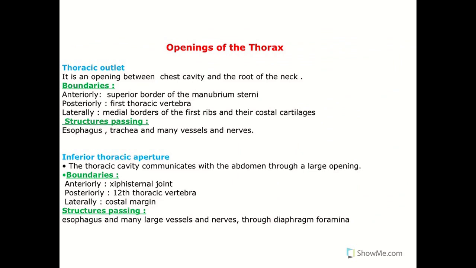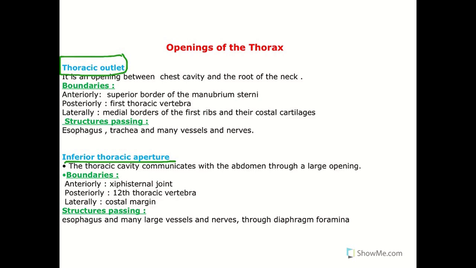The superior opening is a very important anatomical landmark. The thoracic outlet is the opening of the chest between the chest and the root of the neck, and the inferior thoracic aperture is the opening or the meeting point between the thorax and the abdomen.